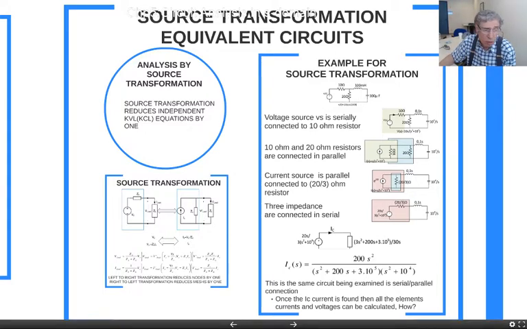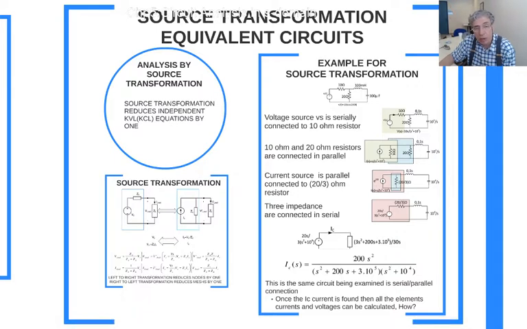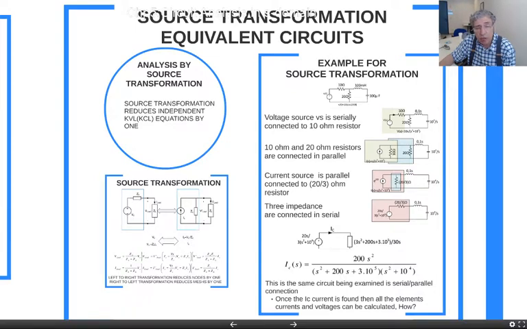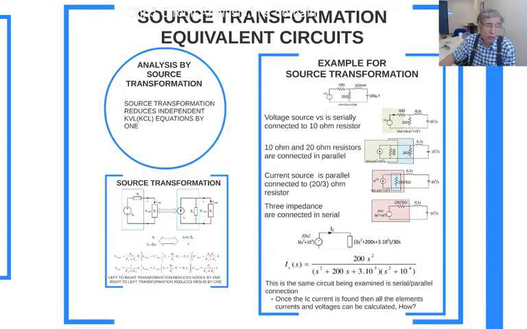So we're going to examine the source transformation in general first, and then we will be applying this source transformation usage in circuit analysis in S domain. The example circuit we are going to use here is the same as the previously used circuit for the serial parallel connection example.